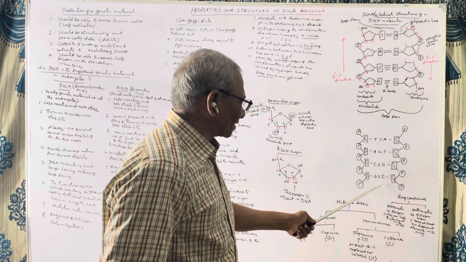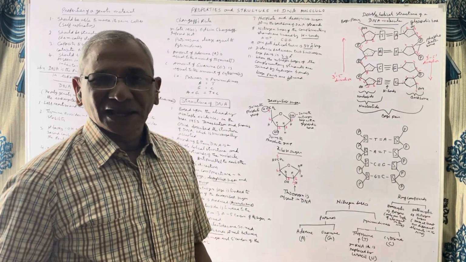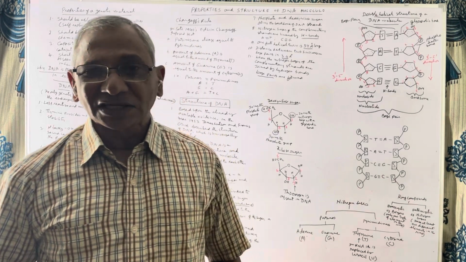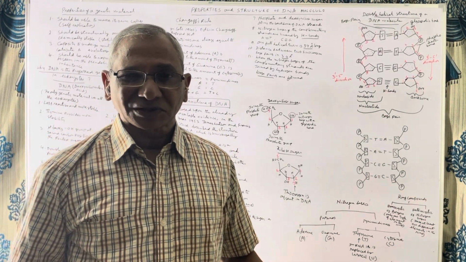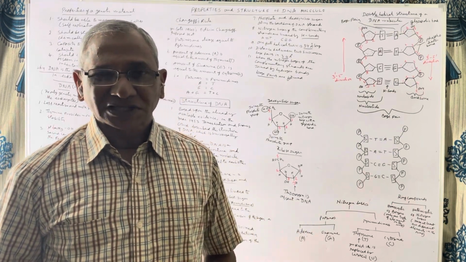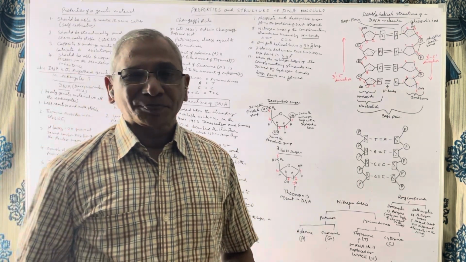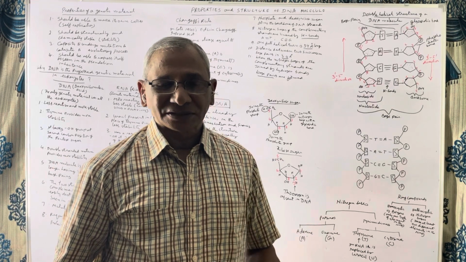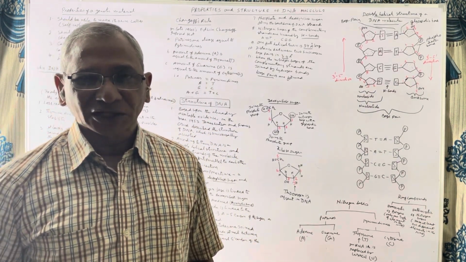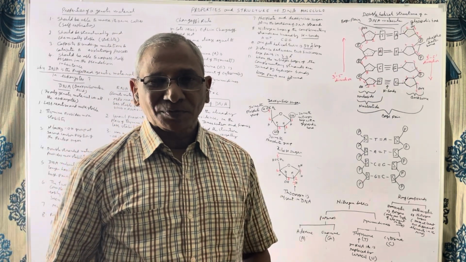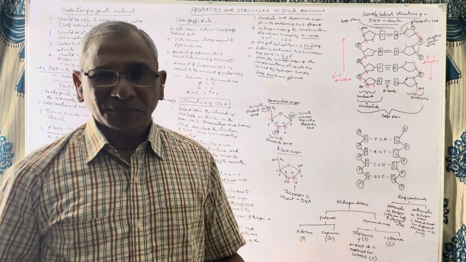Because of this complementary nature, DNA is not easily destroyed by heating. We have seen the Griffith's experiment, transformation experiments. He subjected S-type to heat, but the DNA was not destroyed, and it was picked up by R-type, and it became lethal.